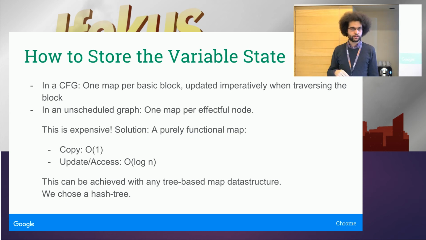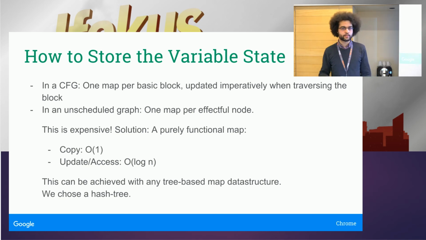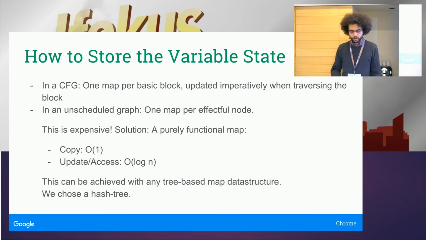So what we do now is we have a purely functional map data structure, which has both the benefits of sharing state and sharing memory, and also the benefit of not having to worry about mutable state inside of the analysis. So we have one map per effectful state, and we copy them when we walk along the effect chain.